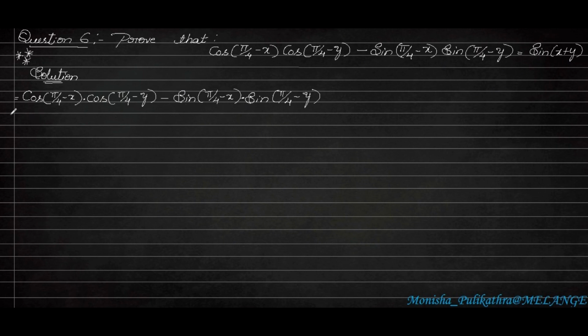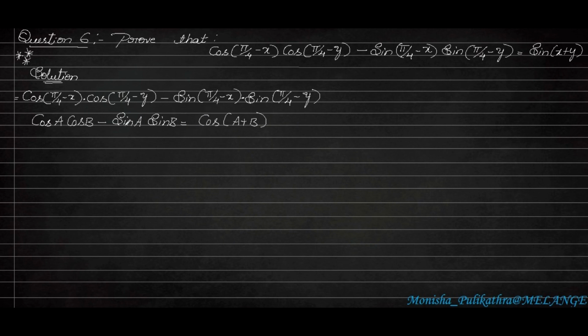Before that you have to understand there is a formula in trigonometric functions: cos A cos B minus sin A sin B is equal to cos(A plus B).